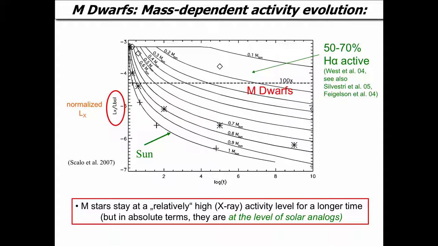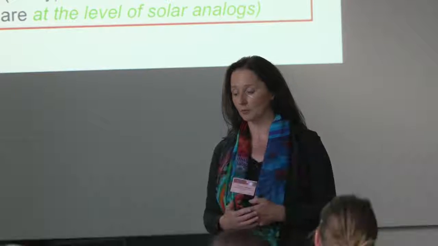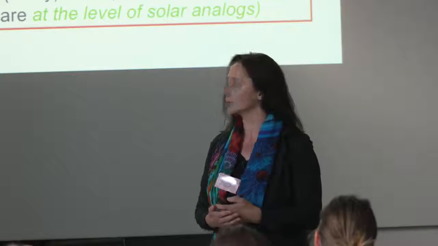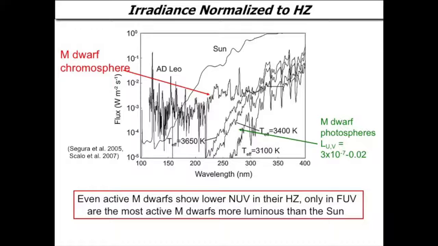I'm mentioning this because you might often have heard already, or will hear in the future, that M-dwarfs are said to be very active and to have very high activity levels, which is actually not true. They don't have higher levels than solar type stars. They start at the same levels, but they stay active for a much longer time, which likely can cause a very harsh environment for planets around them.